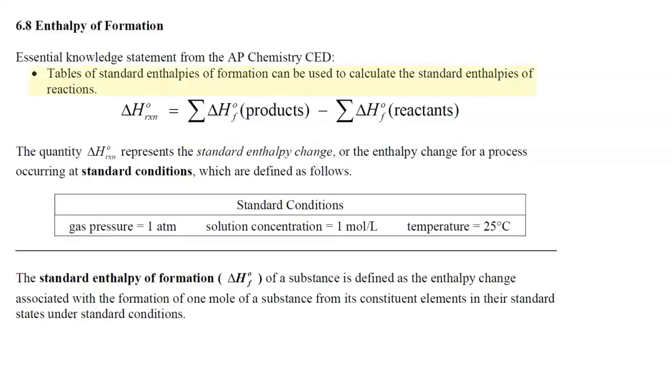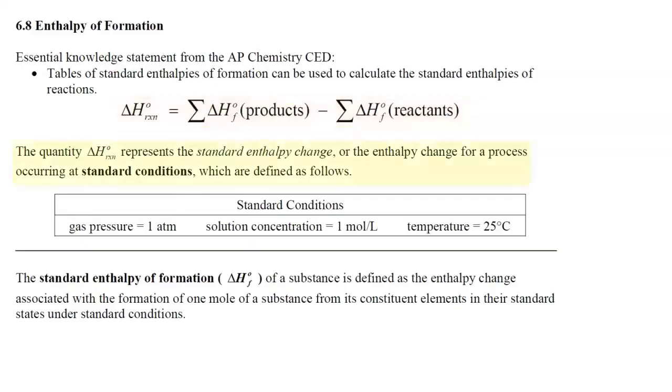It says tables of standard enthalpies of formation can be used to calculate the standard enthalpies of reactions, and we're given an equation that says delta H equals, and I'll talk about that little symbol, that degree symbol or that superscript 0 in just a moment, but the delta H, the change in enthalpy for a reaction, is equal to the sum of the enthalpy of formation for all of the products minus the sum of all of the enthalpy of formation for the reactants. And we'll see examples of how that works.